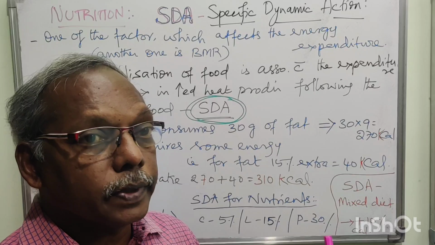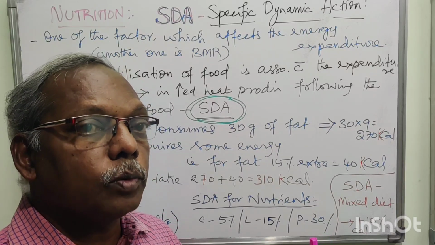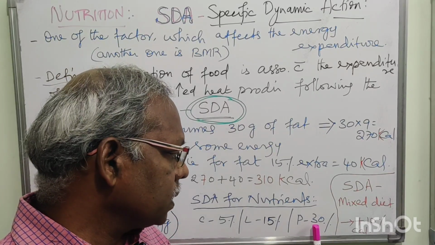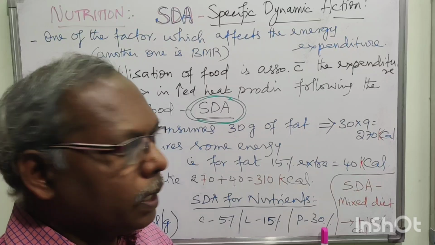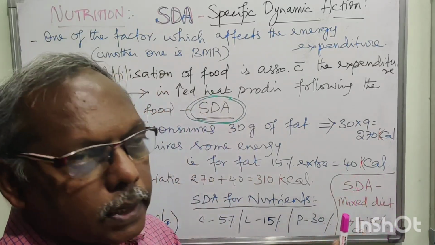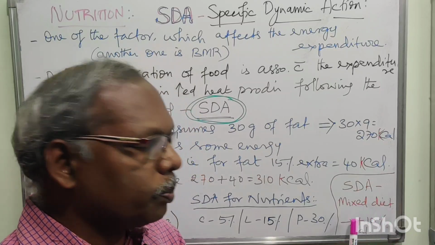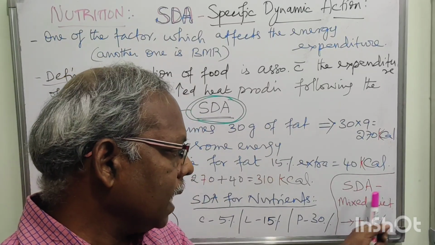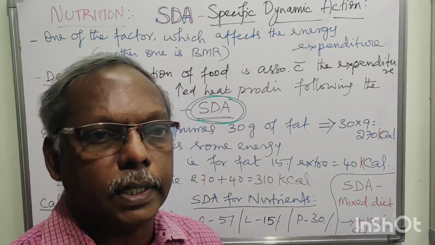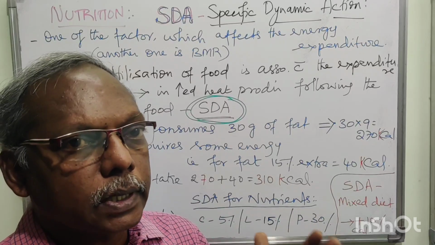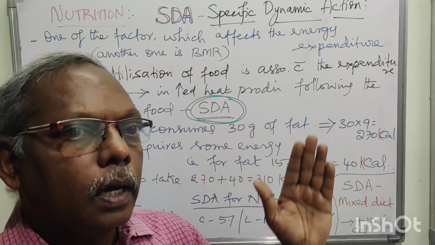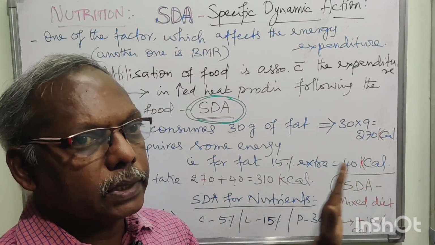Protein is very tough to digest, so we give more energy expenditure for protein, 30%. Finally, for a mixed diet population, the specific dynamic action is an extra 10%. Extra 10% calories you should take for any kind of mixed food.